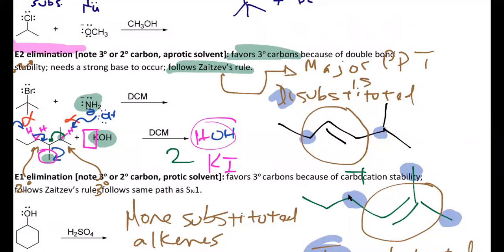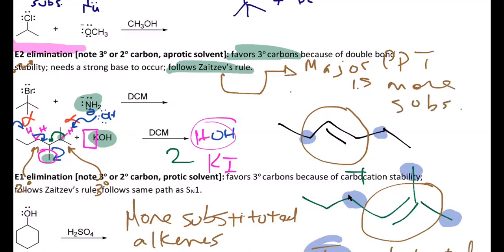Let me erase this. All right, so the major product is more substituted. That's what Zaitsev's rule predicts. Right, so when you do an E2 elimination or E1 elimination, it doesn't matter. It could be E2 or E1. When you do an elimination, the major product, according to Zaitsev's rule, is the alkene that's more substituted.